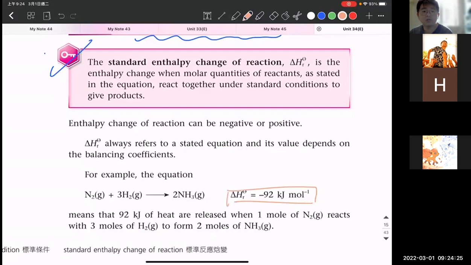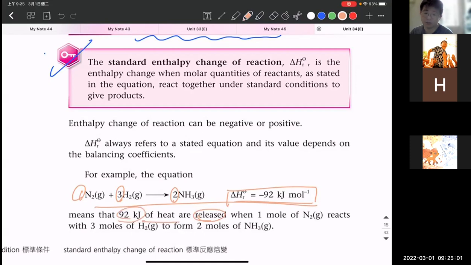It tells you the enthalpy change when the molar quantities of the reactants stated in the equation react together under standard conditions to give the products. So if you write this, it means that 1 mole of nitrogen reacts with 3 moles of hydrogen to form 2 moles of ammonia gas at standard conditions. It will release 92 kilojoule of heat.